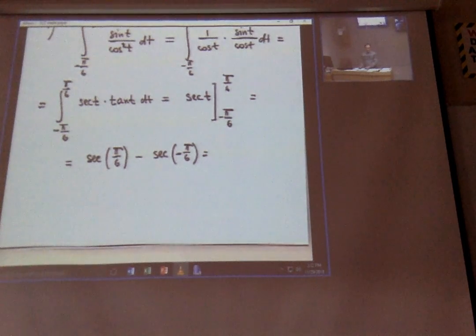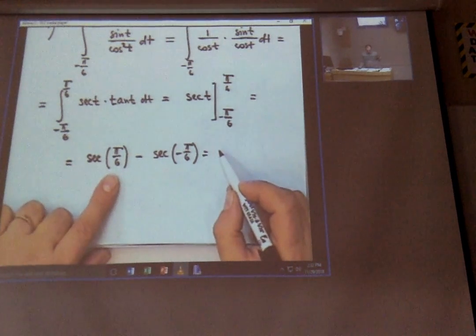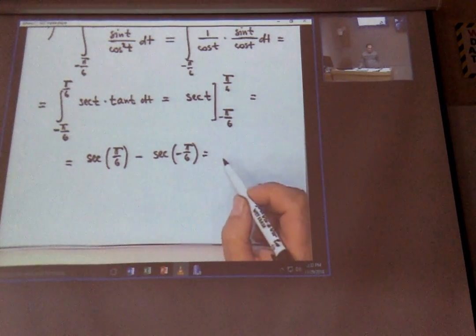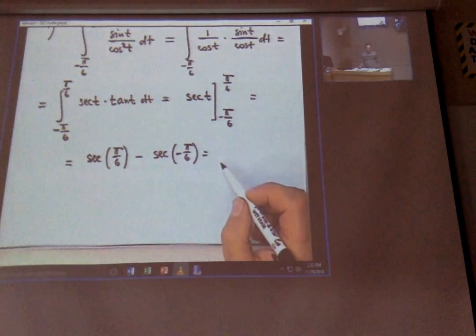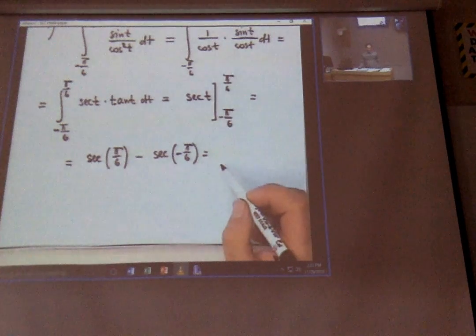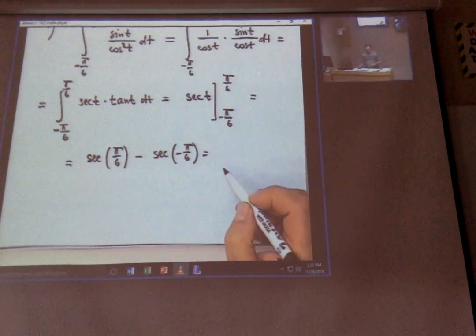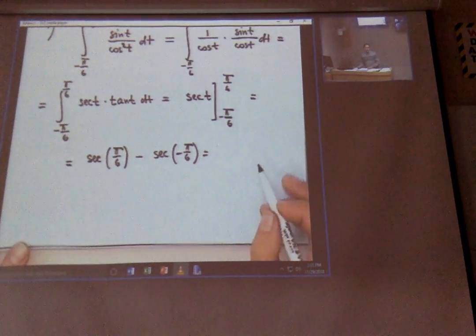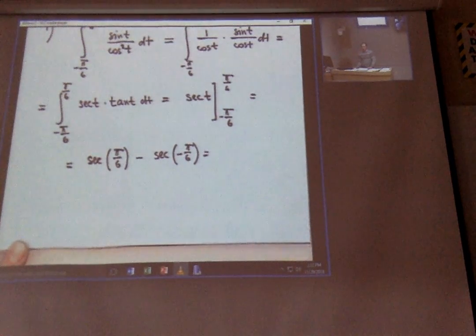What is secant of pi over 6? Will the final answer be 2 square root of 3 over 3?